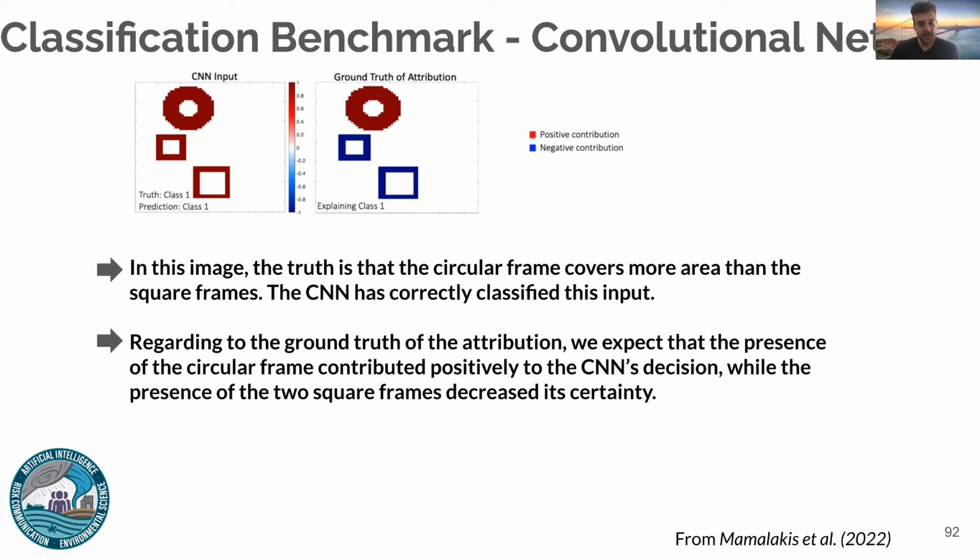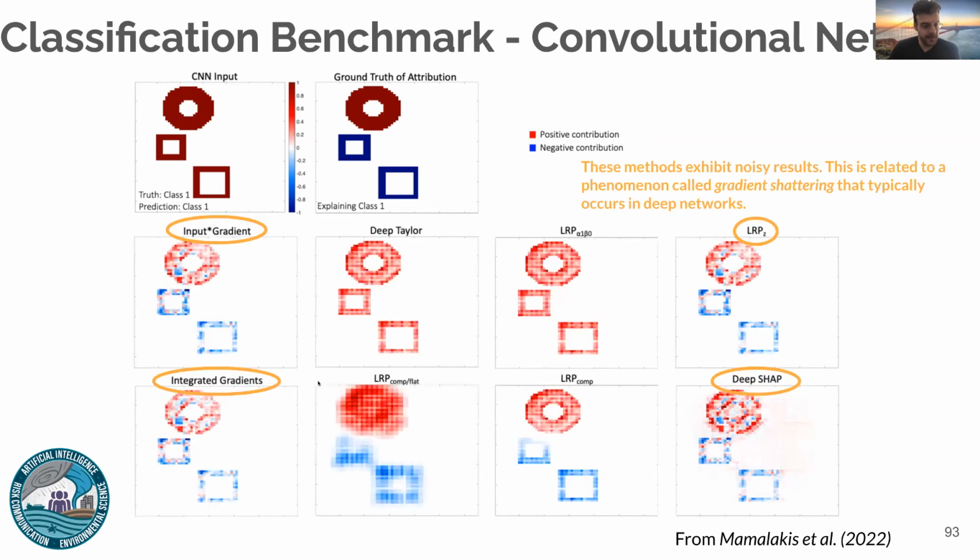Now let's go and see what the XAI methods give for this explanation. Again, different answers. You can see the noise in these four methods: input times gradient, integrated gradients, LRP Z, and deep Taylor. Some of these methods, if you recall, in the previous benchmark, were behaving in the most consistent way compared to the ground truth. In this case, because we are using a much deeper network, we get noisy patterns in these results.